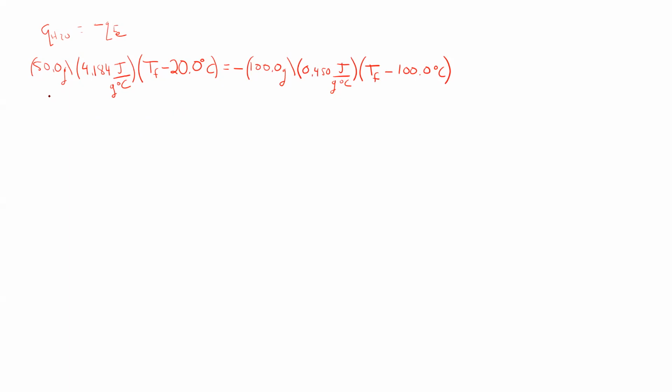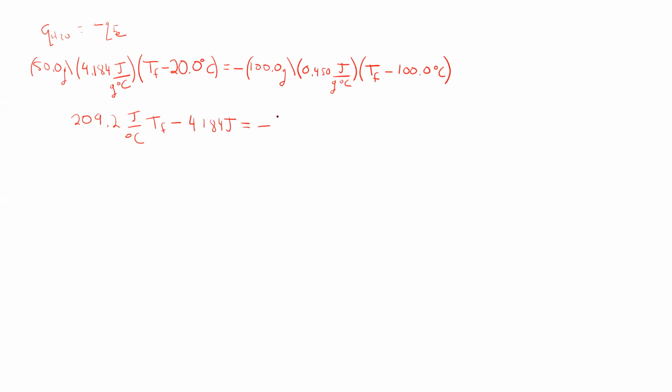So we can multiply, for example, the 50 times 4.184 and distribute. So we wind up getting 209.2 joules per degree Celsius times T final minus 4,184 joules will equal, and we do the same thing on the other side.